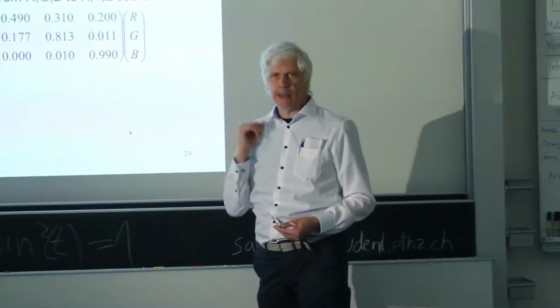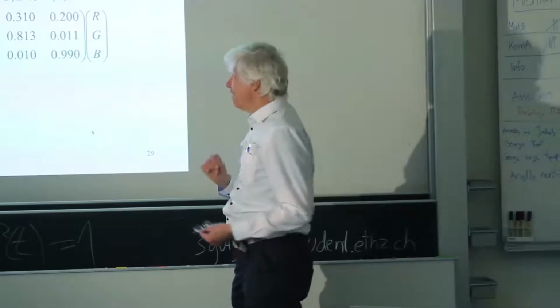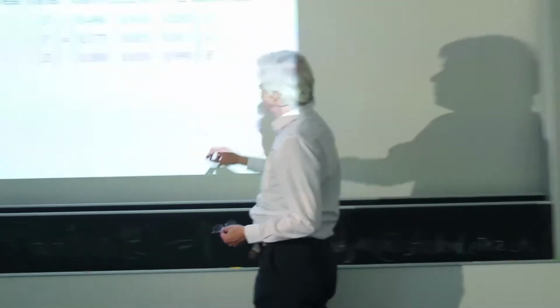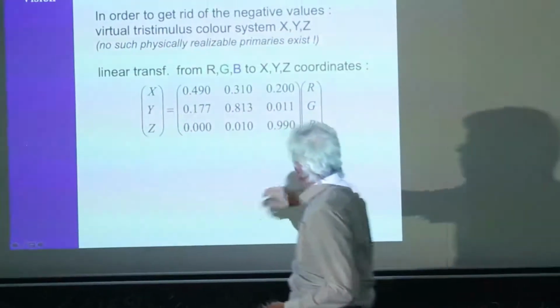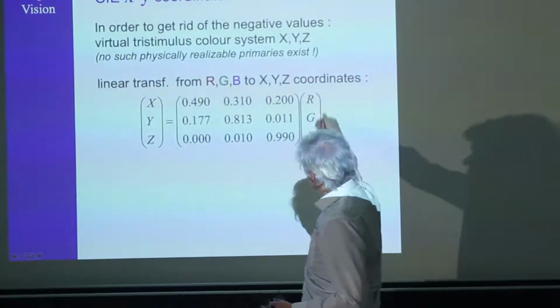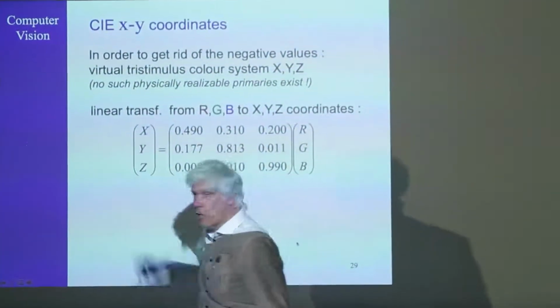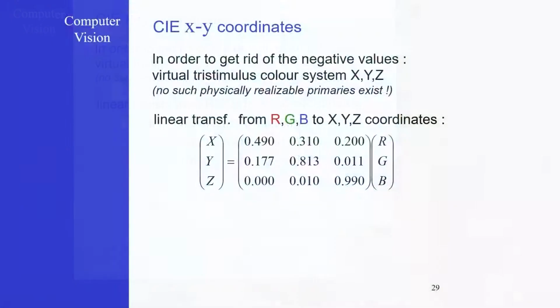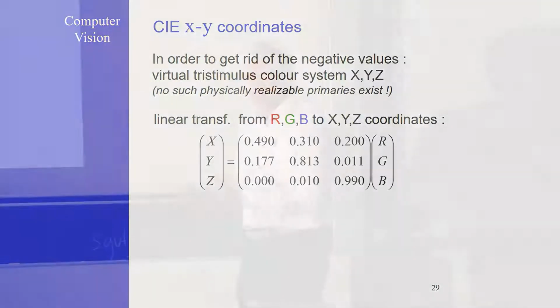And in fact, if you look at the Y coordinate here, if you multiply this matrix with RGB, you get a Y value, and that Y value can be used to directly steer a black and white television set. That is at least another historic reason for that particular transformation, which is a pure mathematical transformation.